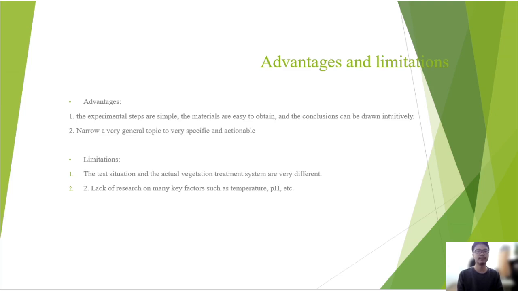Using synthetic wastewater instead of pesticide, and testing in a water tank, will amplify the treatment effectiveness. Thus, it will lead to inaccurate results. This test also lacks research on many key factors such as temperature and pH value.